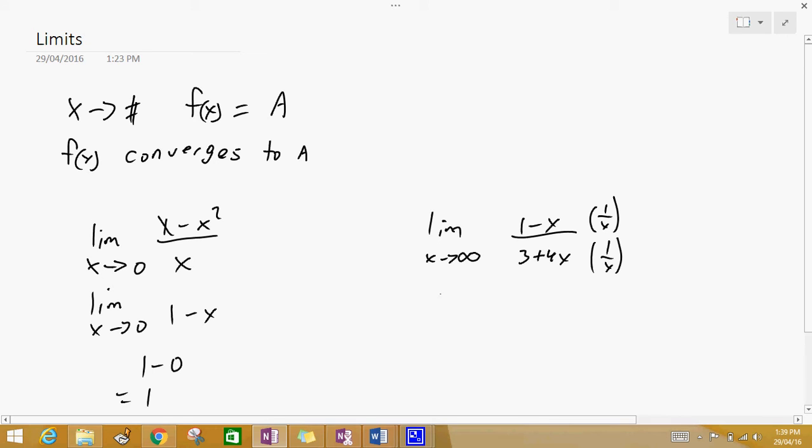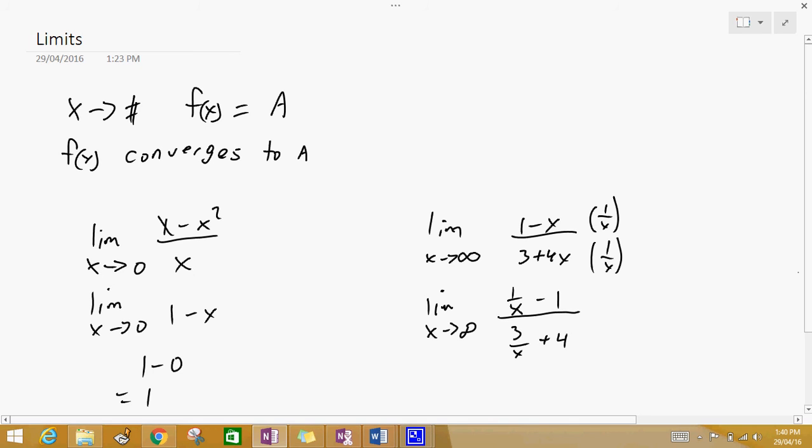By doing that, it changes our equation to limit as x approaches infinity of 1 over x minus x times 1 over x is equal to 1 divided by 3 times 1 over x is 3 over x, and 4 over x times 1 over x is equal to 4.